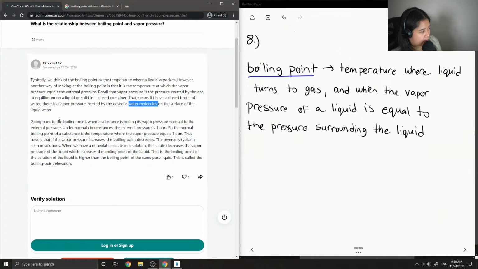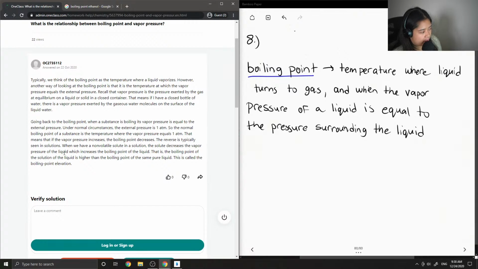Going back to the boiling point, when a substance is boiling, its vapor pressure is equal to the external pressure. Under normal circumstances, the external pressure is 1 atm. So the normal boiling point of a substance is the temperature where the vapor pressure is equal to 1 atm. That means that if the vapor pressure increases, the boiling point decreases.